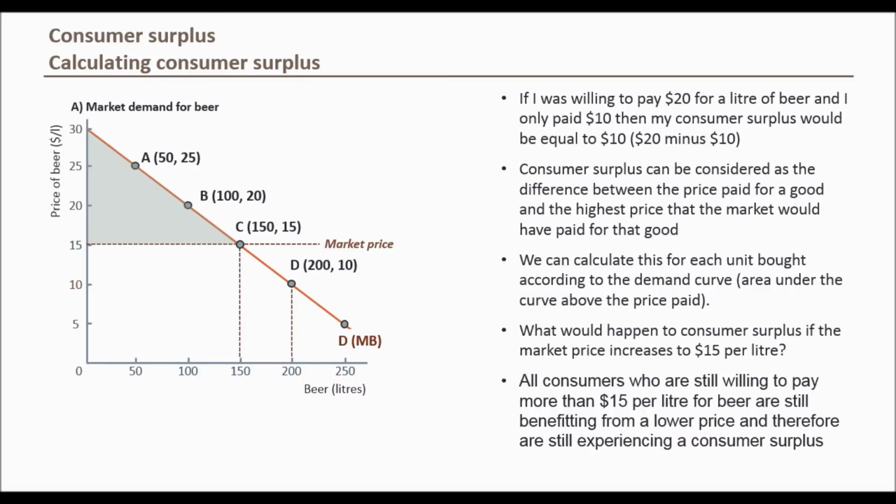Remember, the demand curve, although it's telling us price levels and quantities demanded, also represents benefit, and thus the area below the demand curve but above the price level can be considered a sort of benefit, which we are calling consumer surplus. And the higher the price level, obviously the lower the consumer surplus, and the lower the price level, the more consumers benefit from a lower price, the higher the consumer surplus.